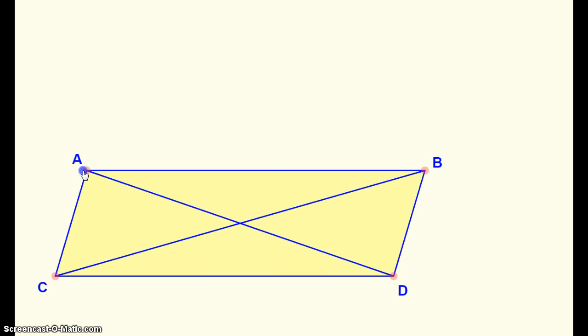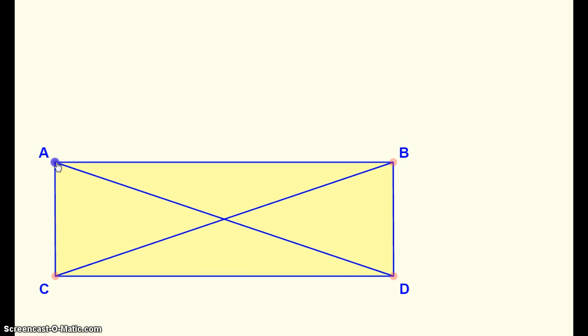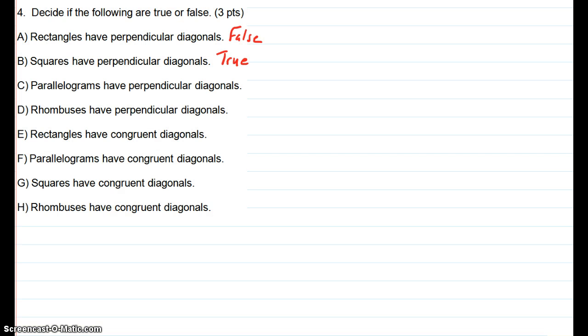The only time the diagonals are going to become perpendicular is when we have either a square or, and we'll wait to find out that answer. So we go back to this and say parallelograms have perpendicular diagonals, and that is false.